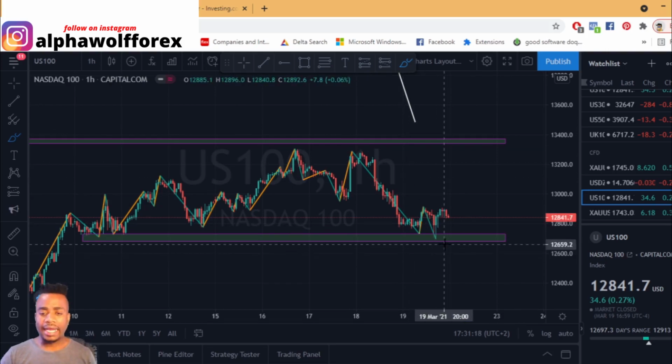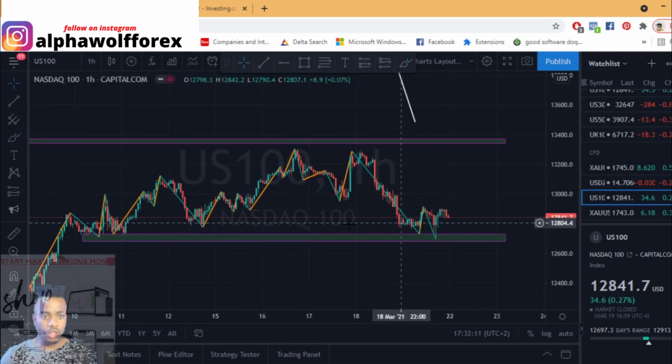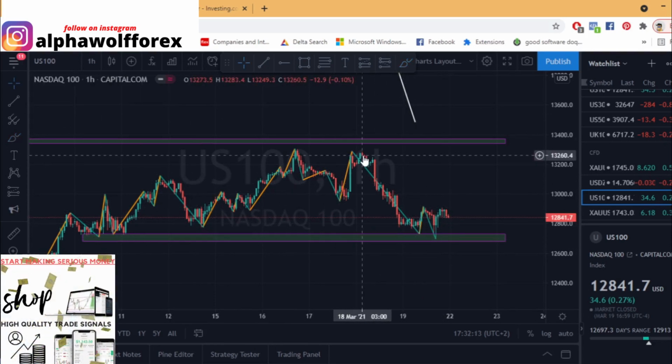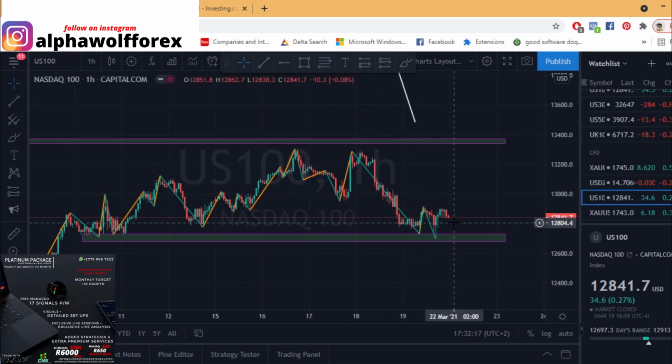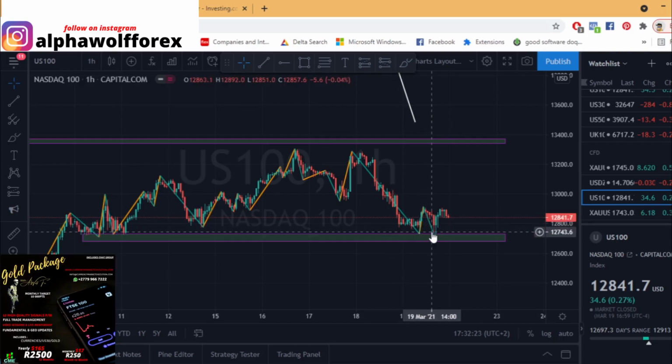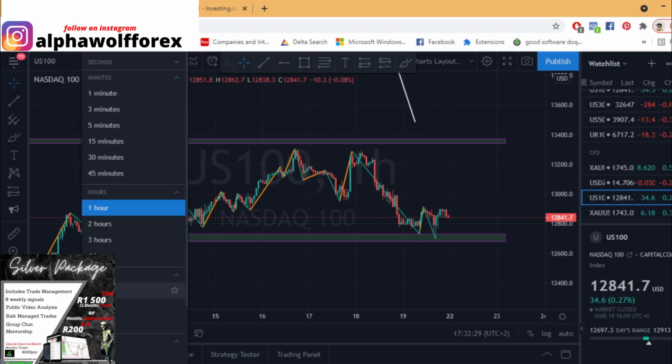So we have to take two things here and think about it. You can see that this market just did an impulsive move to the downside and is now trading sideways, which means it's still looking for direction, and it's currently rejecting prices going to the downside. Now, let us look at the long-term movement.